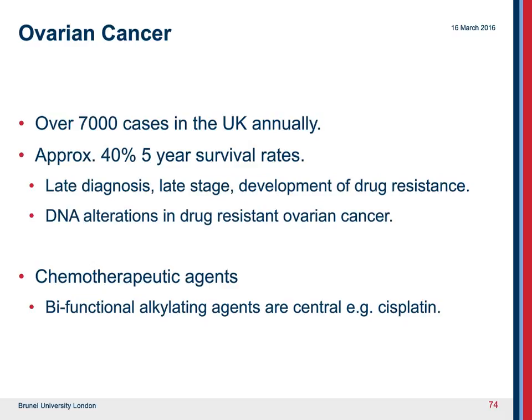And there's lots of good evidence that drug resistance can be associated with enhancements of DNA repair. Central to chemotherapy protocols for ovarian cancer are the use of bifunctional alkylating agents such as cisplatinum.